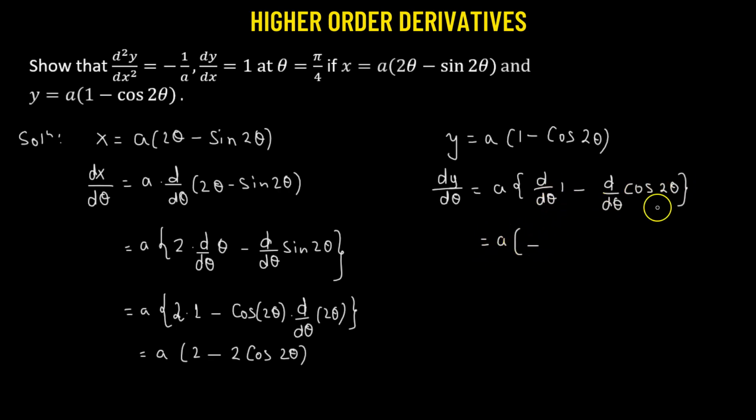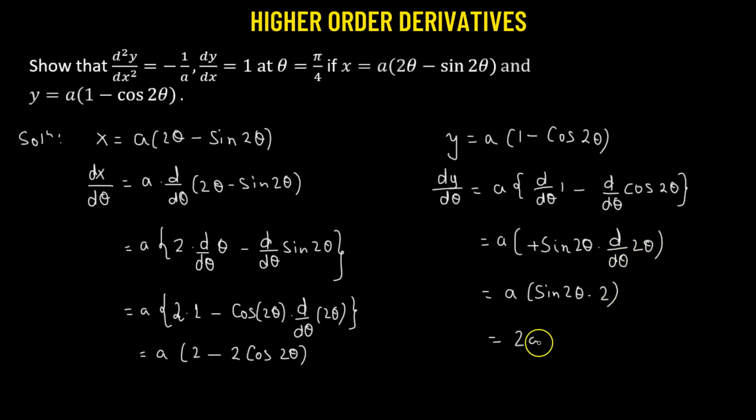We have negative of the derivative of the cosine function, that is negative sine, so we have positive sine 2 theta. Then again we need to use the chain rule and multiply it by the derivative of 2 theta with respect to theta, which simply equals 2. So we have 2a times sine 2 theta.